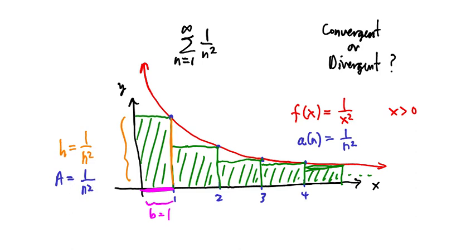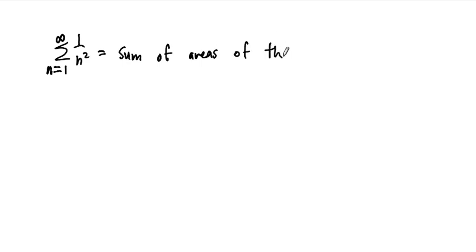Okay, and so I'm going to go to a new page here to write down what we've just learned. What we've got is that the sum from 1 to infinity of 1 over n squared is equal to the sum of the areas of the rectangles in the picture that we drew.